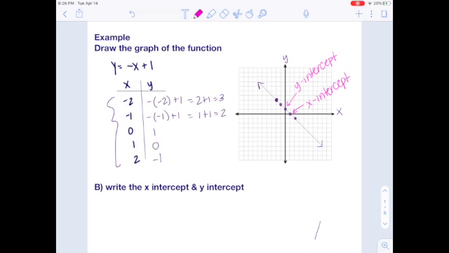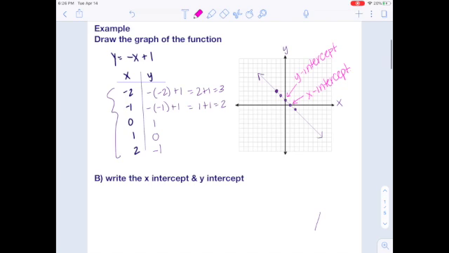Some of your problems will ask you to write the x-intercept and the y-intercept, so you're going to give me the coordinates. The x-intercept is (1, 0), and your y-intercept is (0, 1).